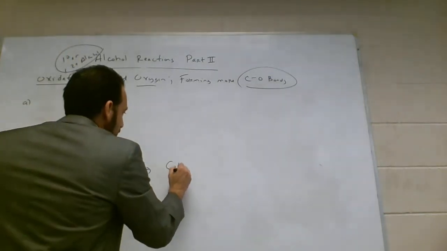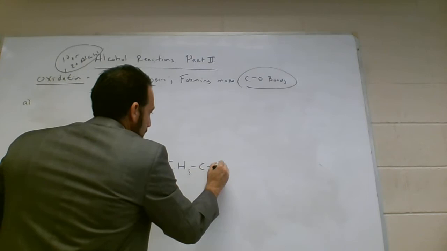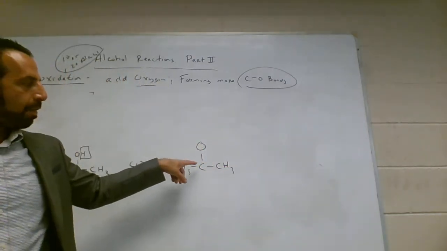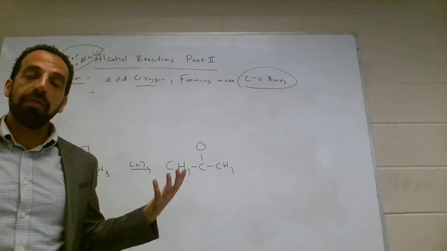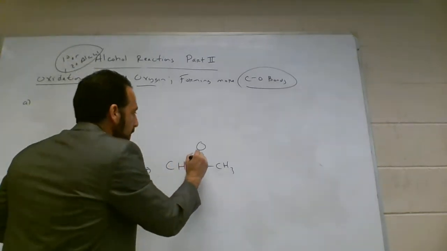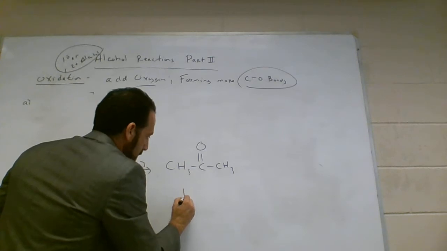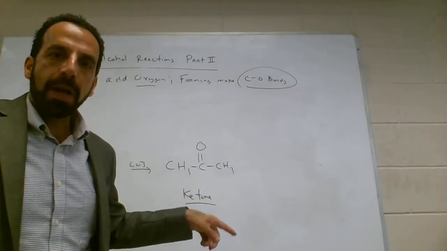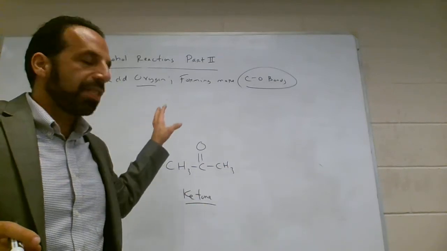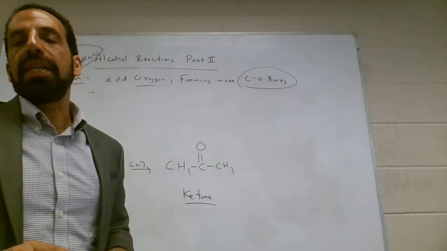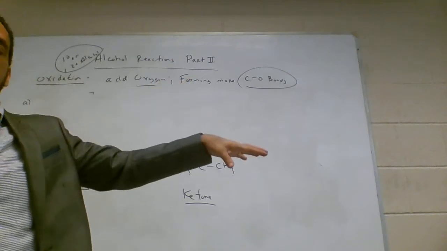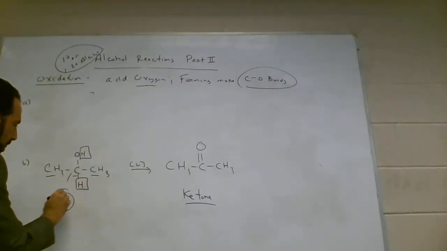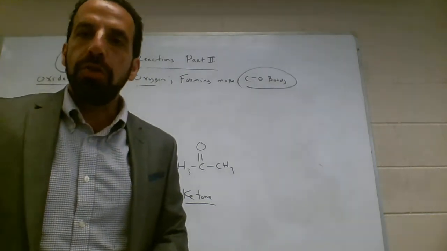So when that happens, I have 3 bonds to carbon. It wants to form 4, so it forms a double bond with the oxygen. This type of compound is called a ketone, and then it doesn't get oxidized further. It just stays at the ketone. So the primary will go to the carboxylic acid. The secondary, so again, this is a secondary, will go just to the ketone.